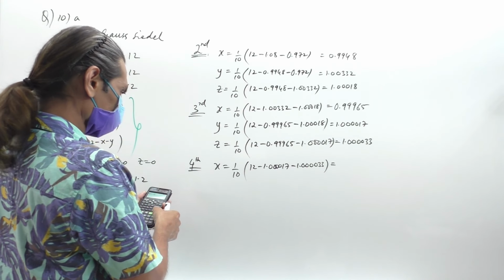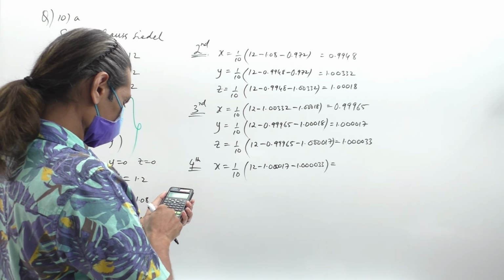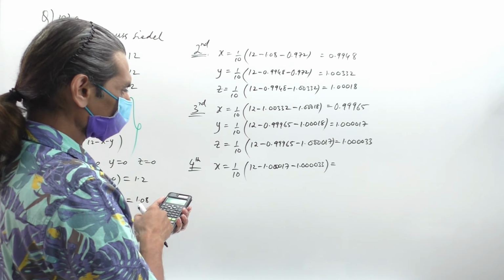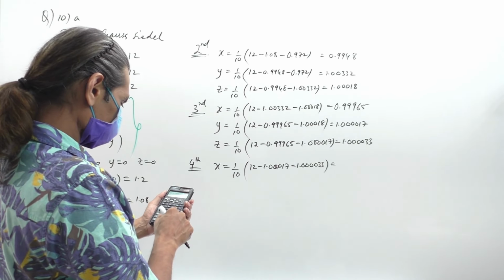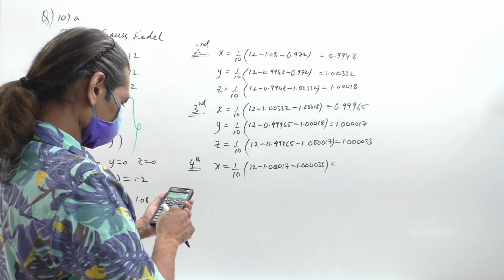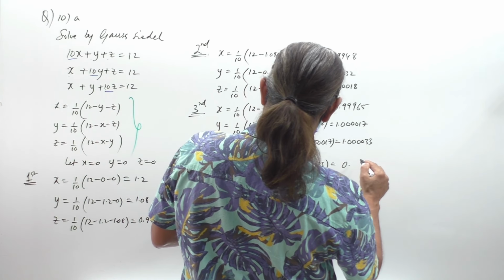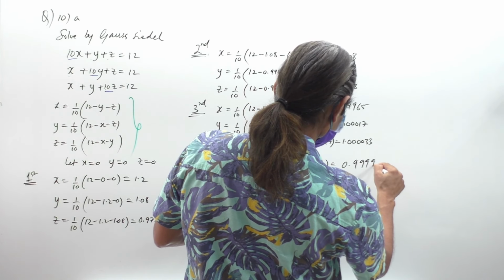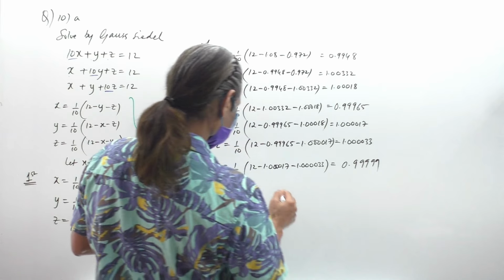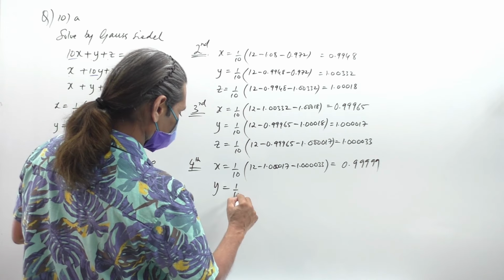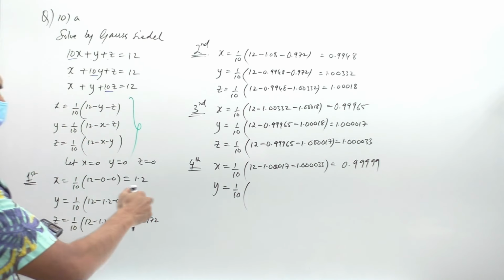That is equal to 12 minus 1.123417 minus 7, divided by 10. So it's 0.12345.